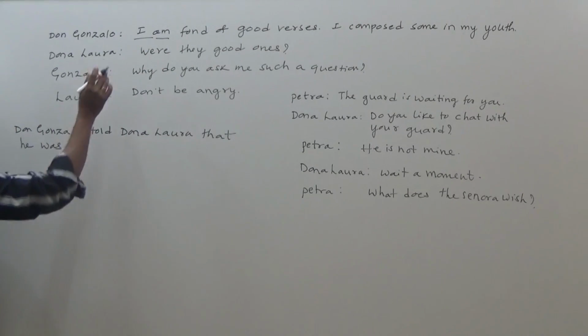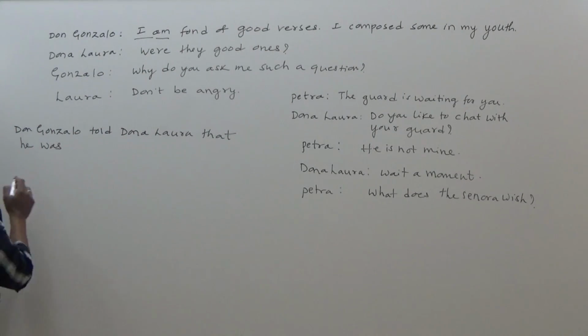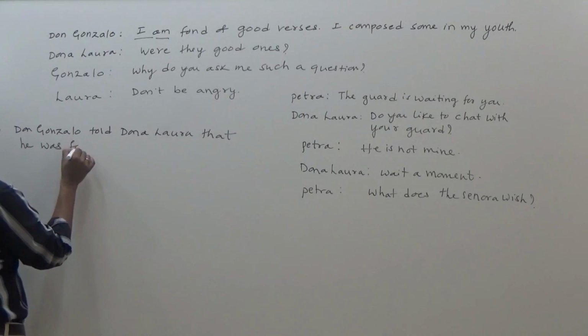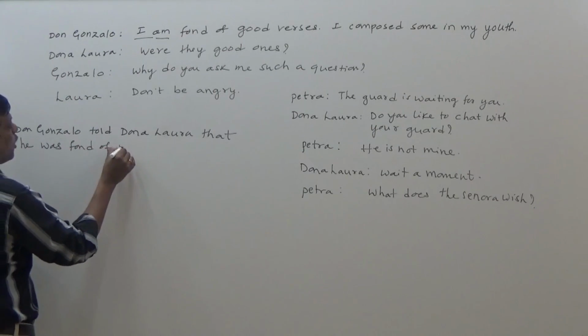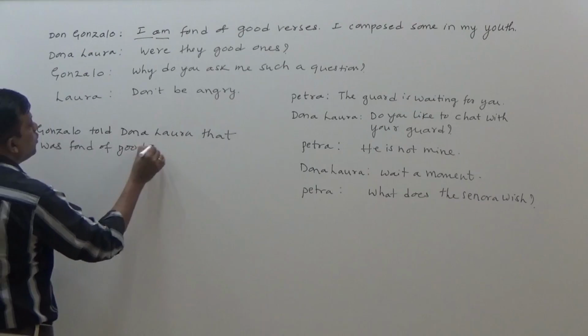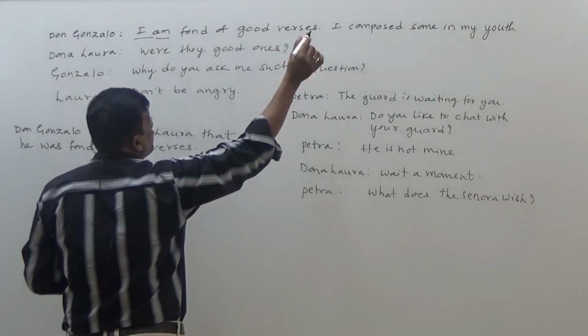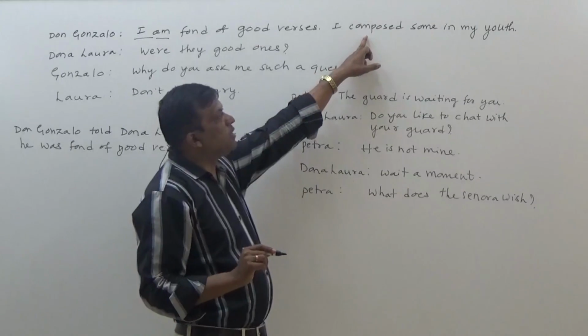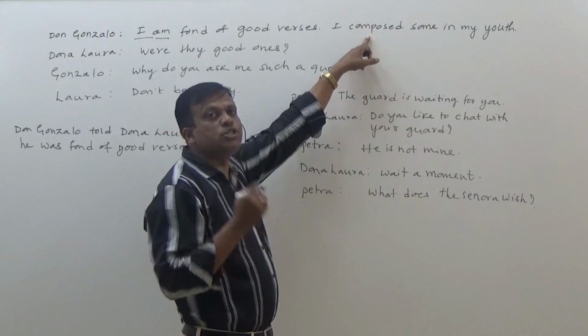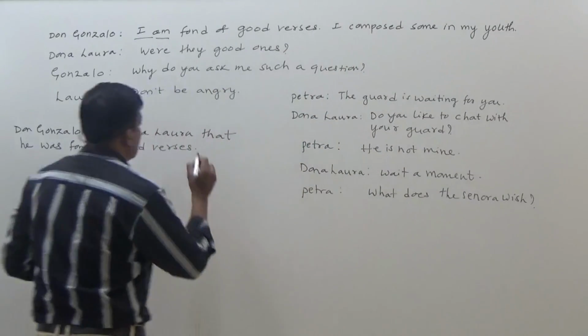So I have told you all according to tenses they are changed. He was fond of good verses. I composed some in my youth. Simple past tense is changed to past perfect tense.